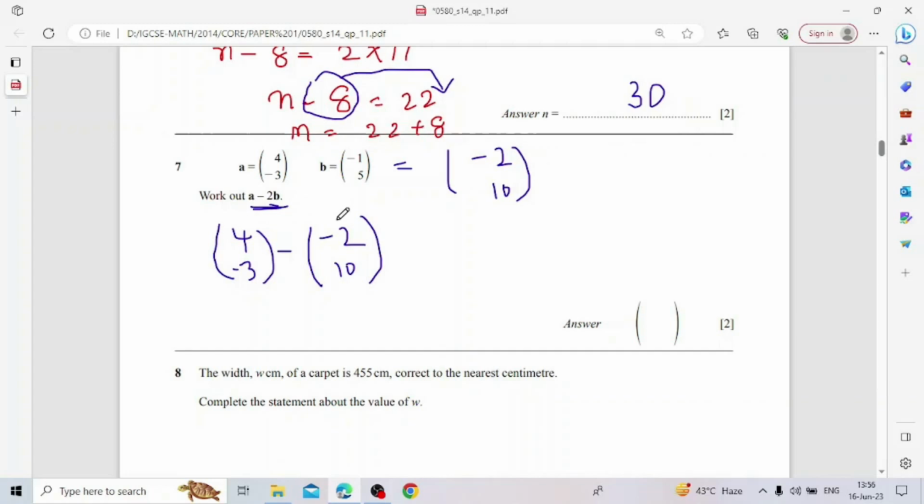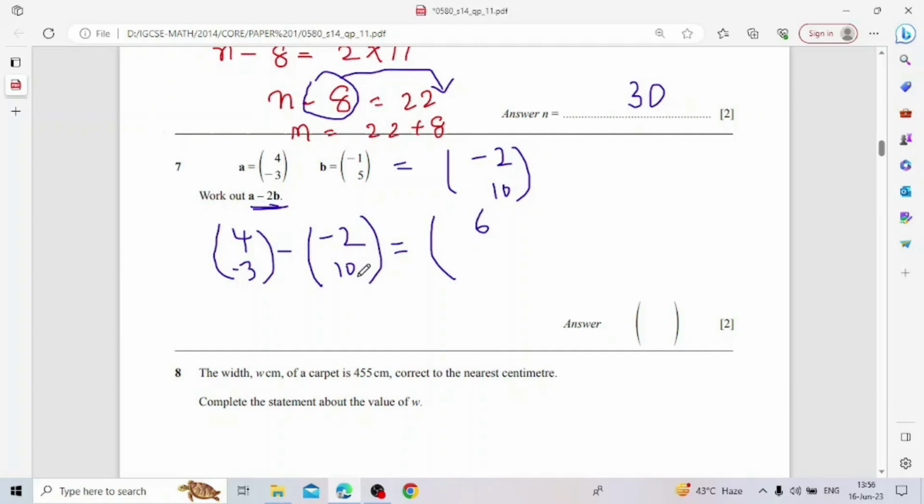All the operations are done based on the positions of the numbers. Now from 4 we subtract -2. So 4 minus -2. See, minus times minus is positive, right? So 4 plus 2 is equal to 6.